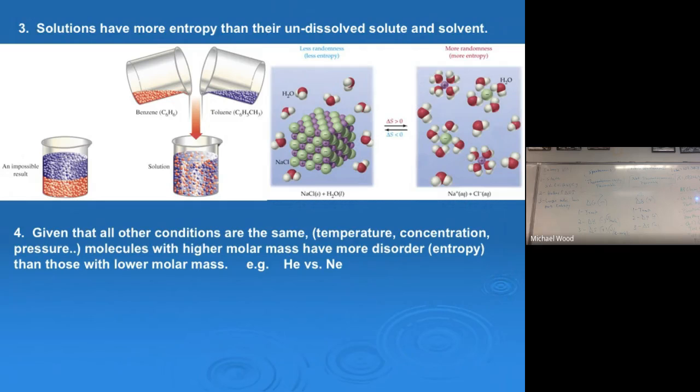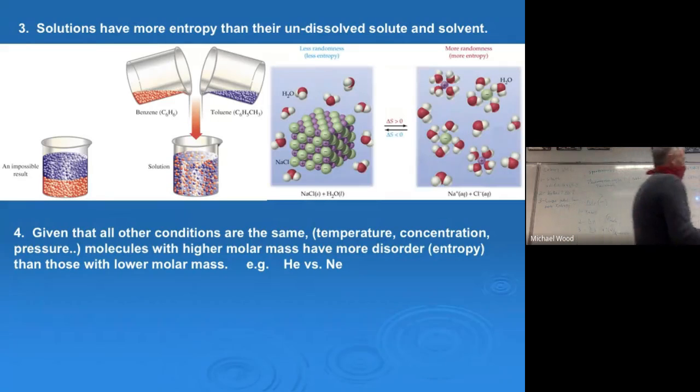And if you think about it, that makes sense. If everything else is equal, the larger molecule has more subatomic particles, more protons, more neutrons, more electrons. There's more of a chance for disorder.